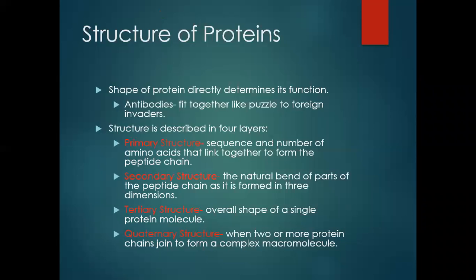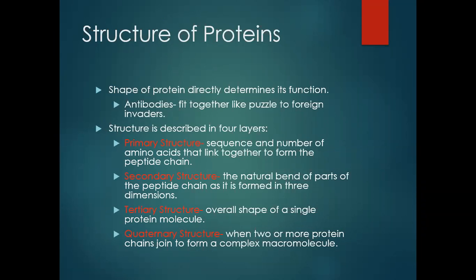We have some structures to our proteins, and I compare this structure to origami. Does everybody know what I mean by origami? Paper folding. First we start off with a primary structure. That is our piece of paper, our base.